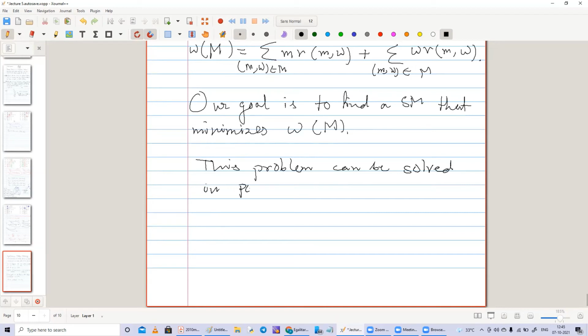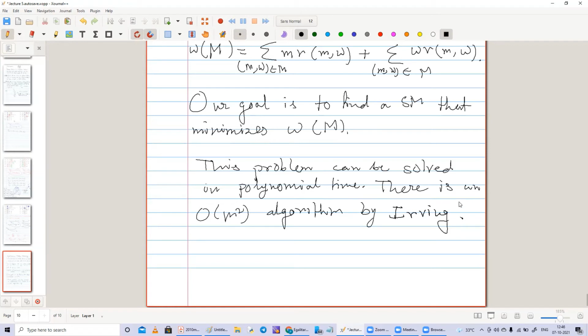There is an order M square algorithm by, I think, Irving. So finding an egalitarian stable matching can be solved in polynomial time. Okay, so the next one is called minimum regret stable matching.